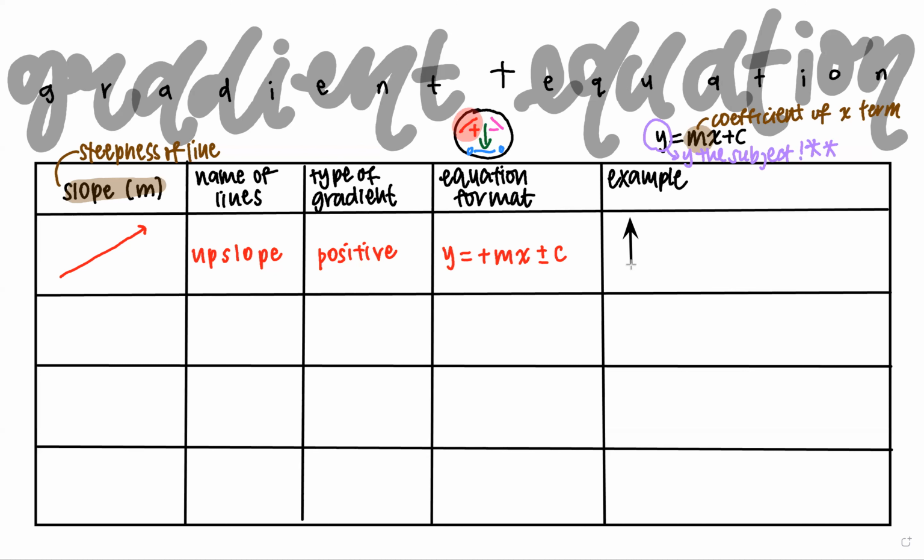An upslope graph will look something like this. And like this.